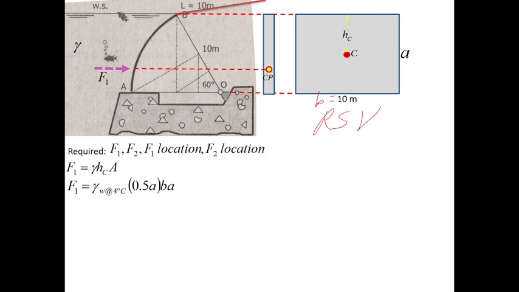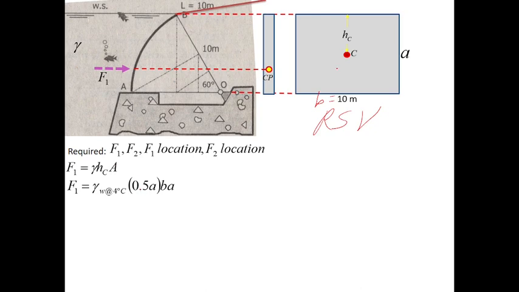Pag rectangle, ang centroid ay kalahati nung total length nung side na to, yung A side. Naturo ko naman yan before, so pag-aralan nyo na lang ulit kung nakalimutan na kung paano ma-determine yung coordinate ng isang centroid. So in this case, that is 1/2 A or 0.5 A. So yun ang ating HC.